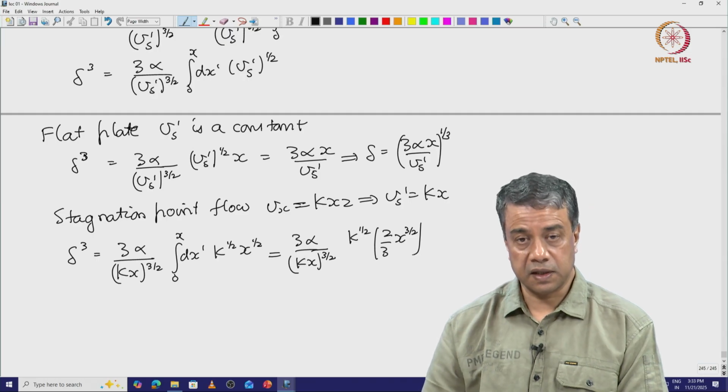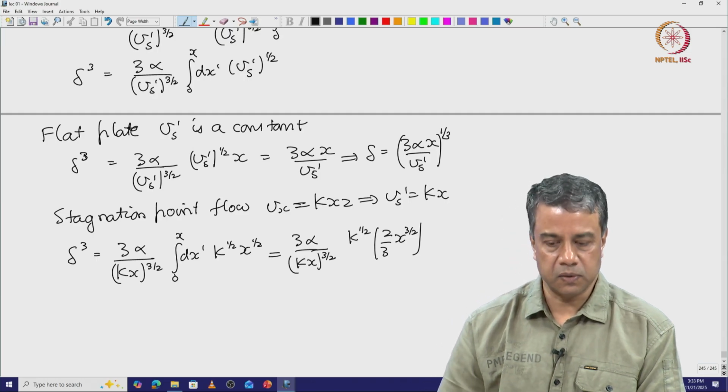That is what you get when you integrate x power half. It is x power 3 by 2 divided by 3 by 2.